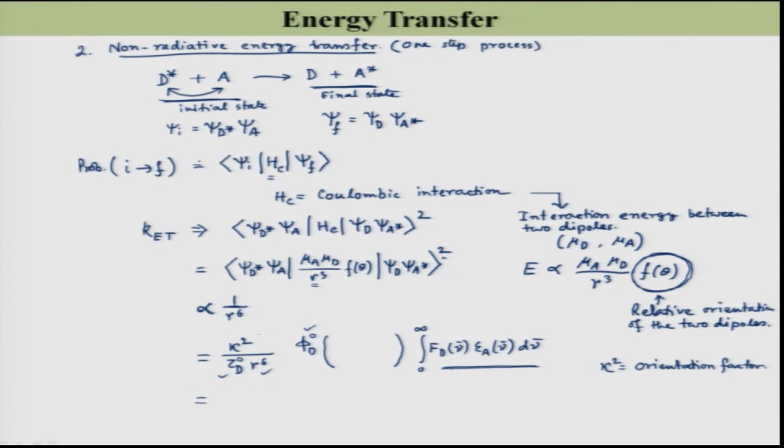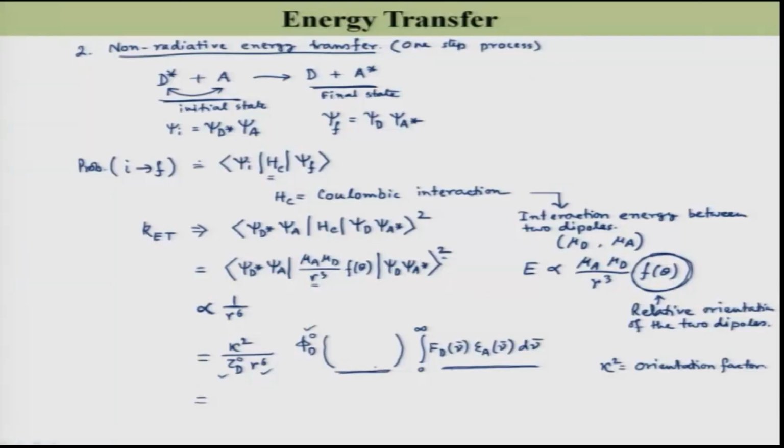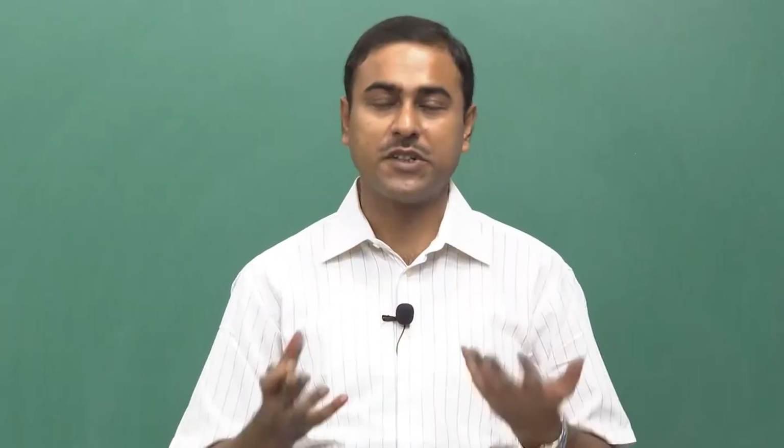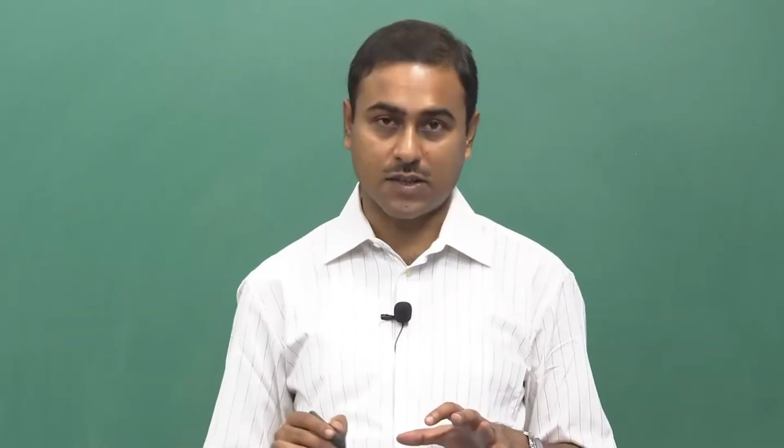So, this whole equation can be converted into a small equation if you consider the fact that this tau d 0, phi d 0 is a constant because this is a property of the donor. This overlap integral is a constant for a particular pair. If I define this is my D, this is my A, then the overlap integral has to be constant for a particular solvent, right.